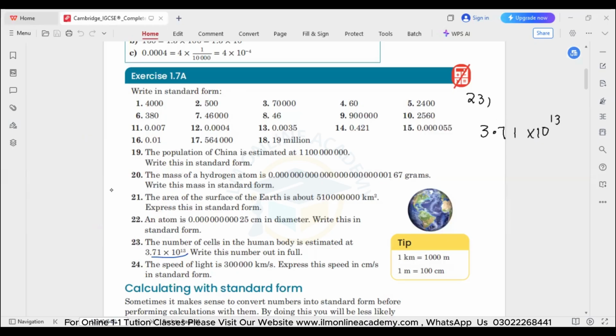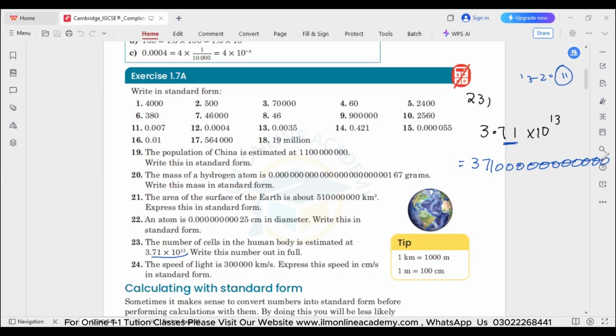After the decimal point, we already have two numbers, so we can skip these two from the 13. We are left with 11, so we include 11 zeros. When you write down the 11 zeros, you remove the decimal point, so it is 3, 7, 1, then 0, 1, 2, 3, 4, 5, 6, 7, 8, 9, 10, 11.